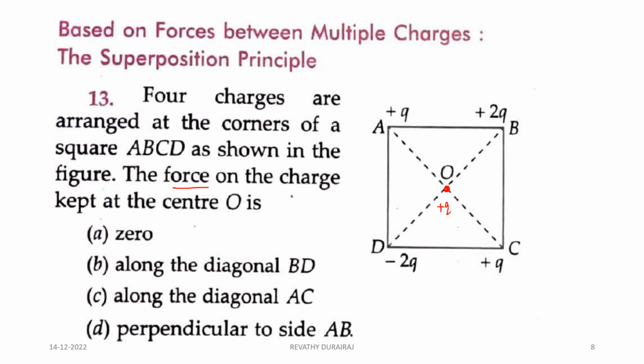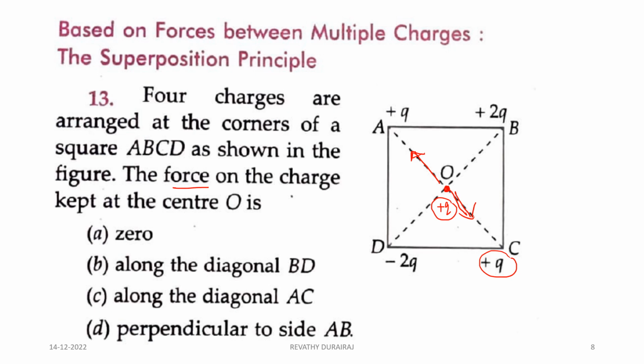And now let's see the force acting on this positive Q due to charge at A. So it's also a positive charge, so it should act this way. And now the force due to this plus Q at this point is actually in this direction, because that's also a repulsive force. So these two are equal and opposite, so they cancel each other.